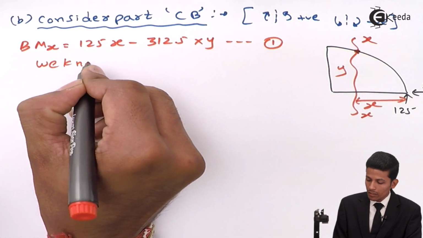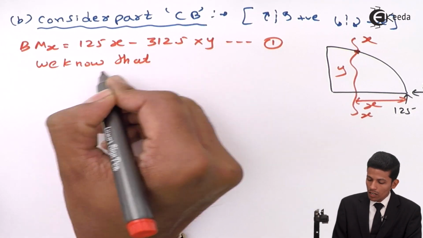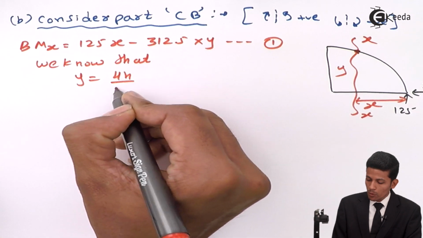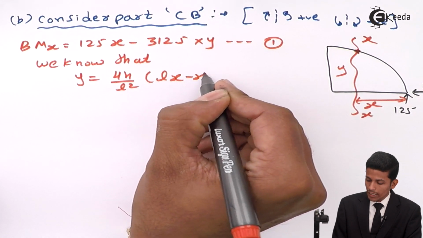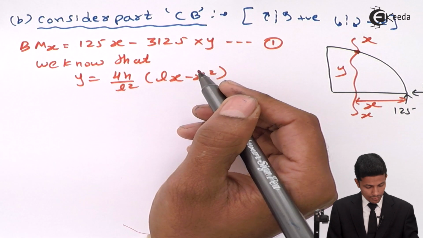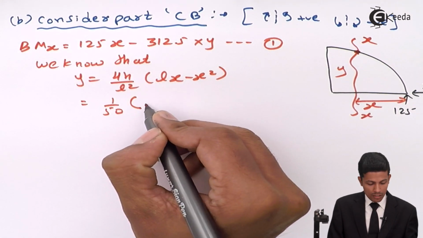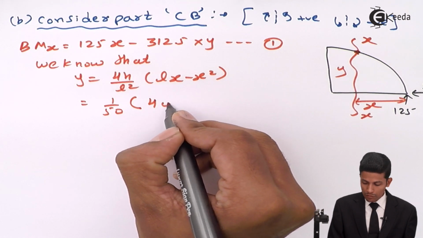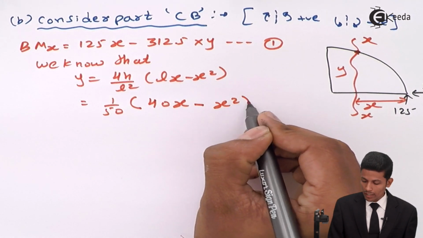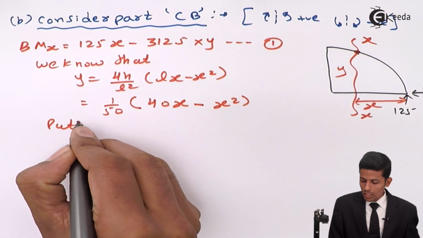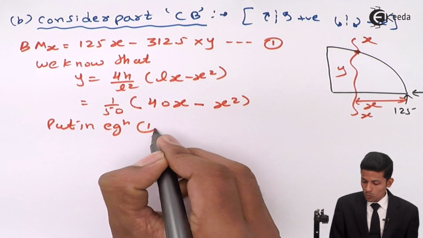We know that y is equal to 4h upon L square into Lx minus x square. So it will come 1 upon 50, 40x minus x square. Put in equation 1.